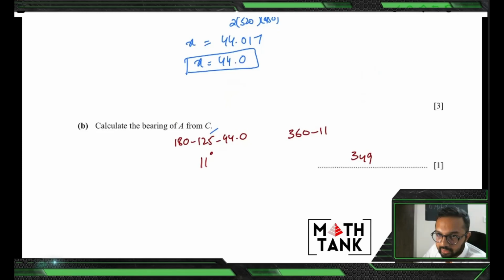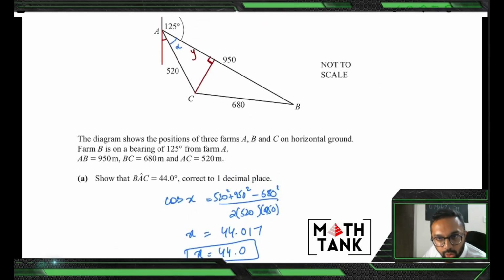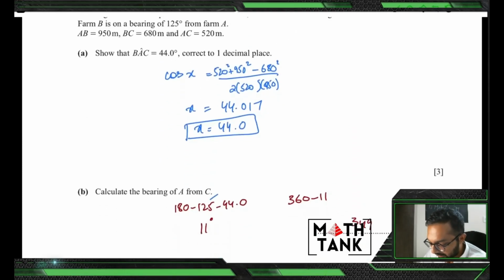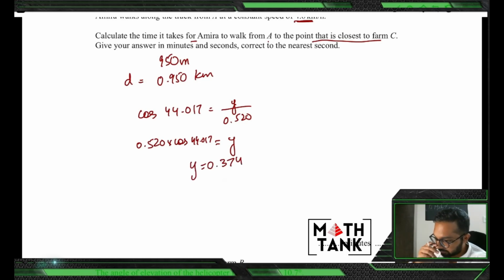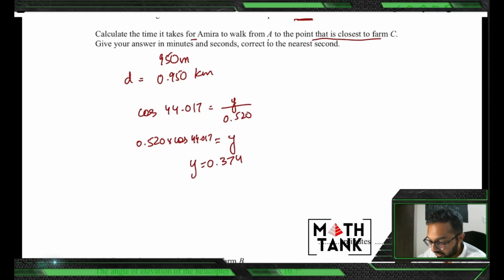Because that's the point closest to C. That's the shortest distance between C and the line AB. Remember, the shortest distance is always a perpendicular line. So 0.520 multiplied by cos of 44.017 is 0.374. That's the kilometer distance.